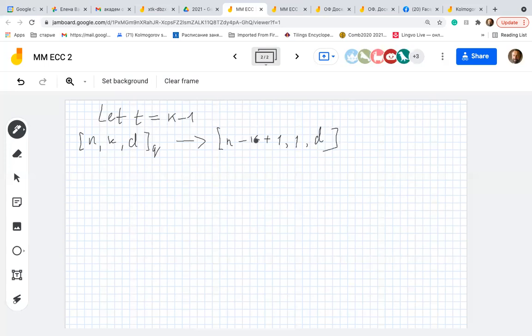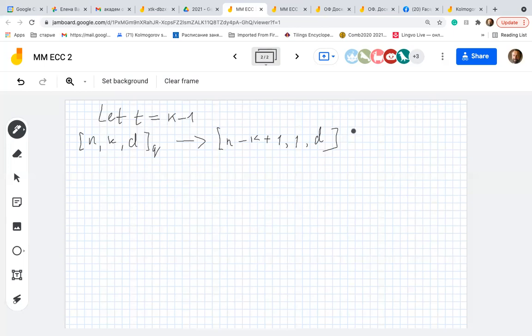And now we see that there are at least two code words, and they differ in d positions, but the total number of positions in the code words is n minus k plus 1.